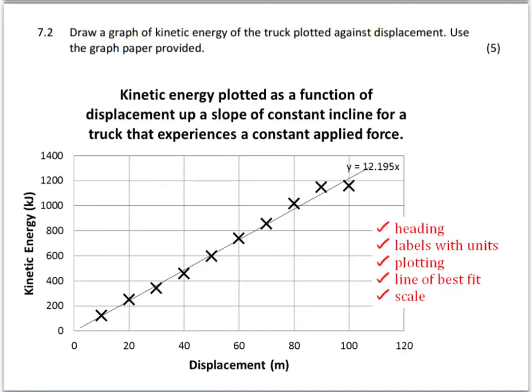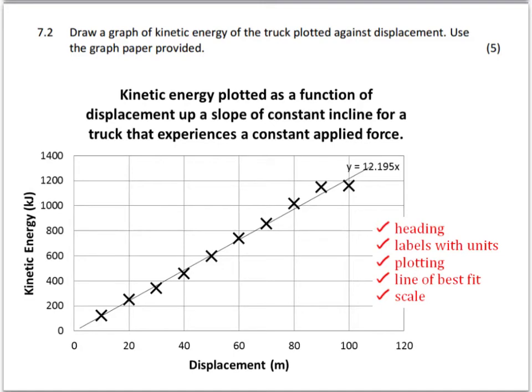In question 7.2, you've been asked to plot a graph of kinetic energy against displacement. Here you would need to use the third and first columns in the table of values. The important thing is just getting everything right that you're able to get right easily. For example, the heading. A good heading should make reference to both your independent and your dependent variable.